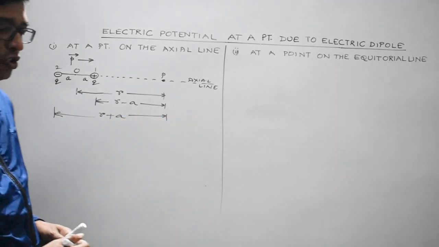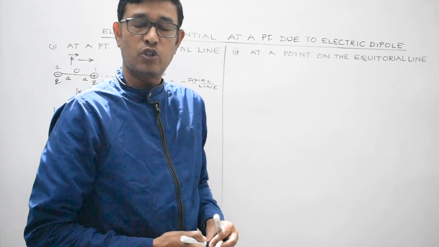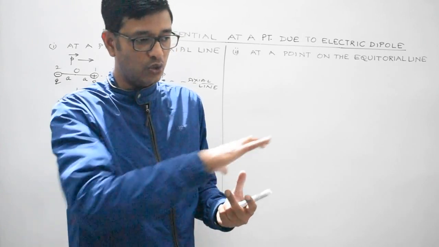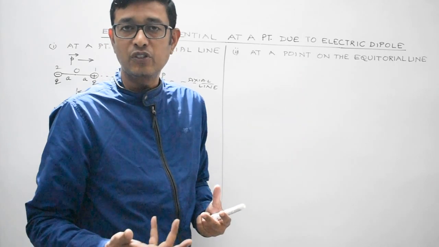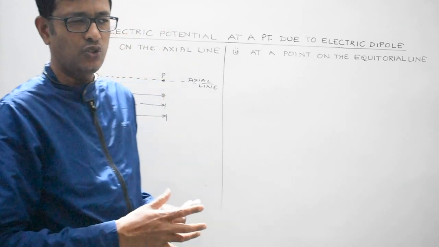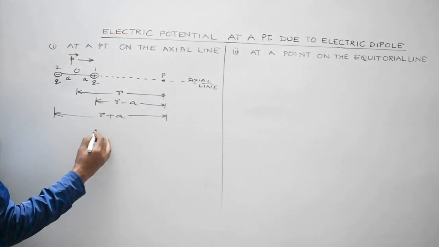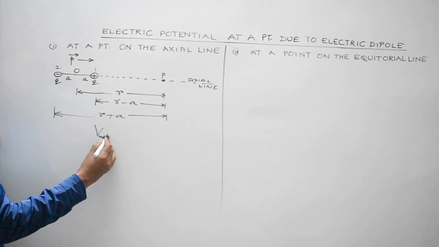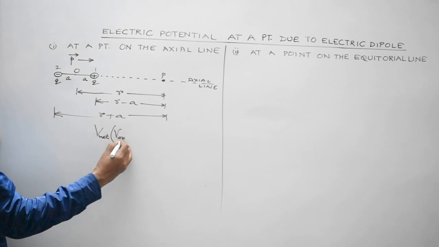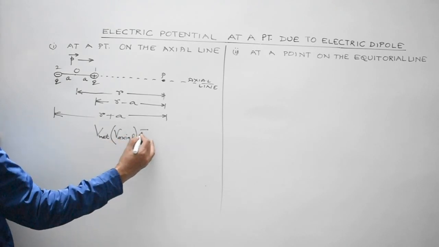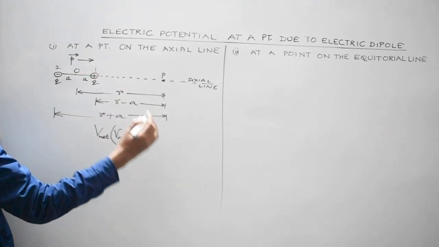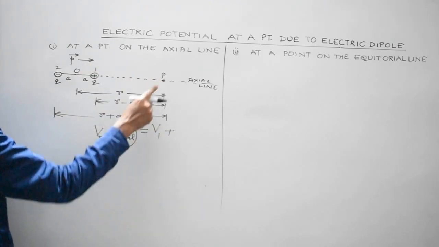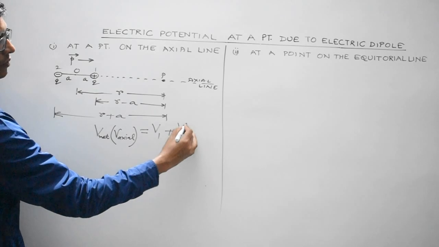Potential being a scalar quantity, in order to determine the net potential at a given point due to a system of charges, we will make use of algebraic addition. No need to draw vector diagrams. So V net, or V axial, the net potential at any point on the axis, would be equal to the potential at point P due to the first charge plus the potential at point P due to the second charge.